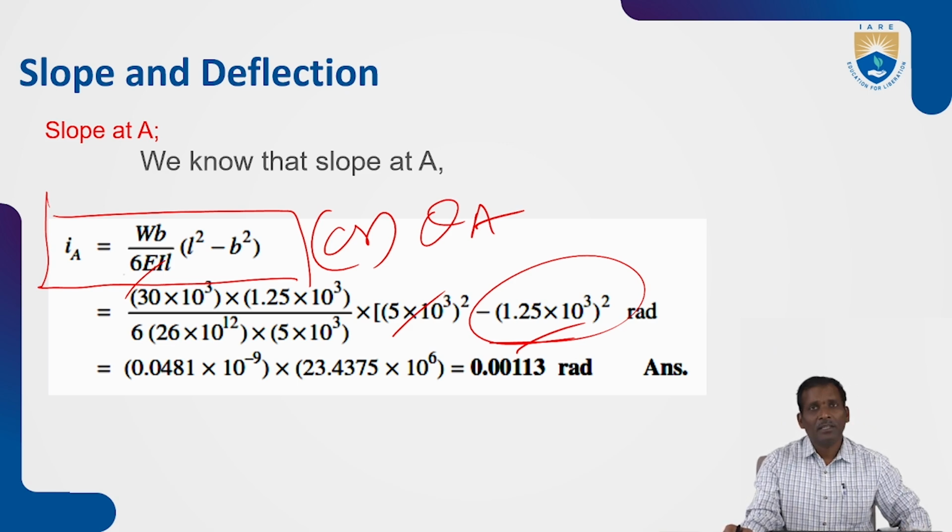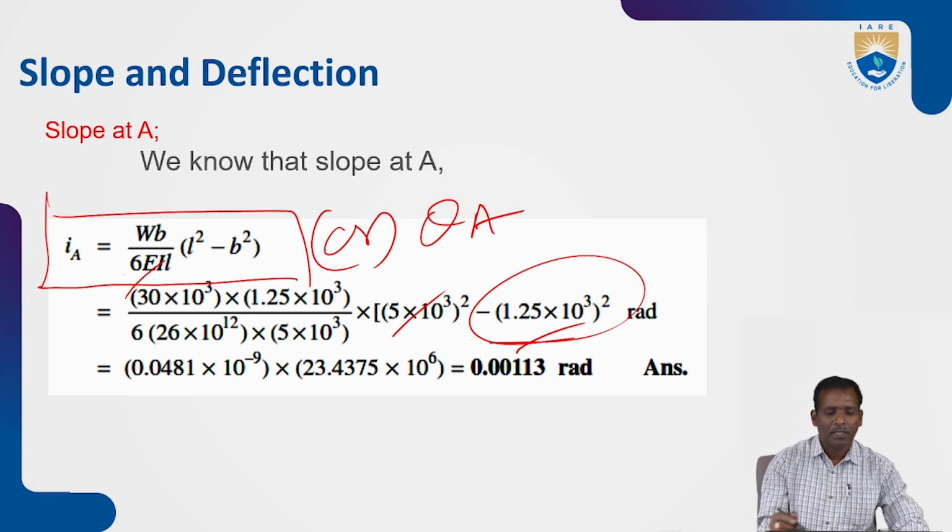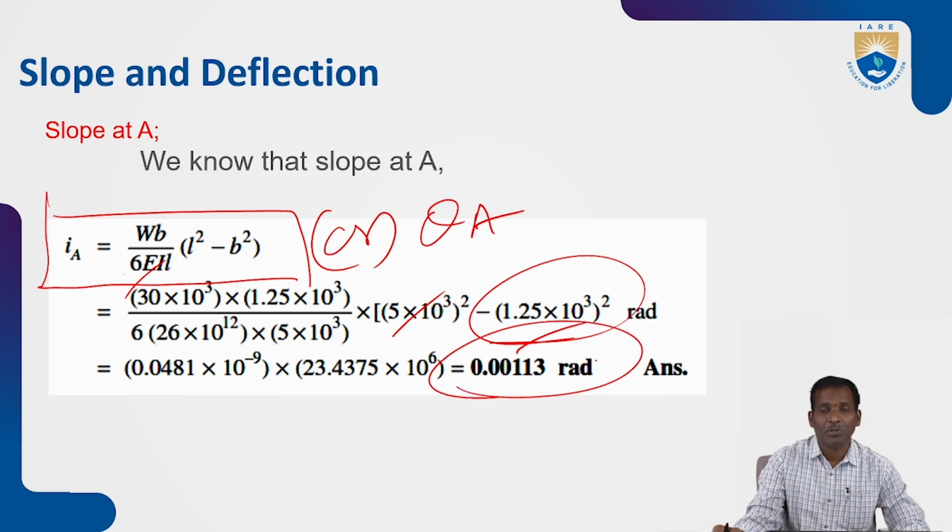Now calculate and simplify this equation. We will get theta at A point as 0.00113.